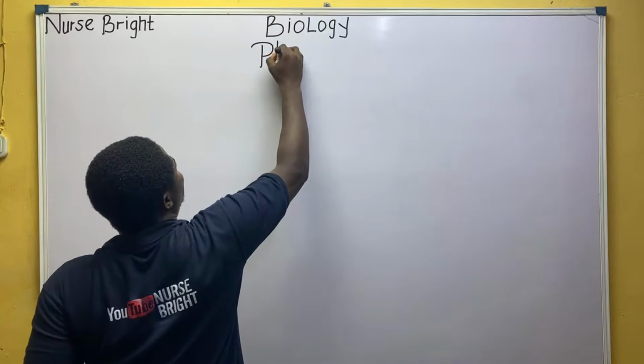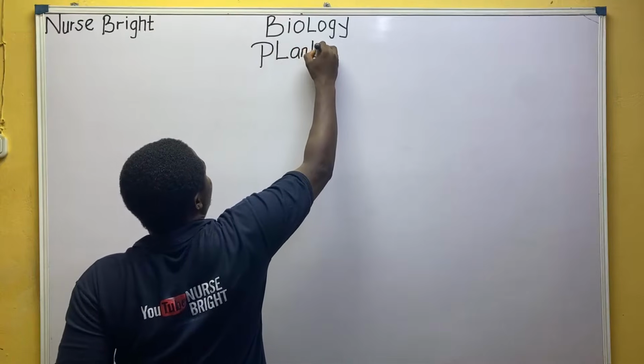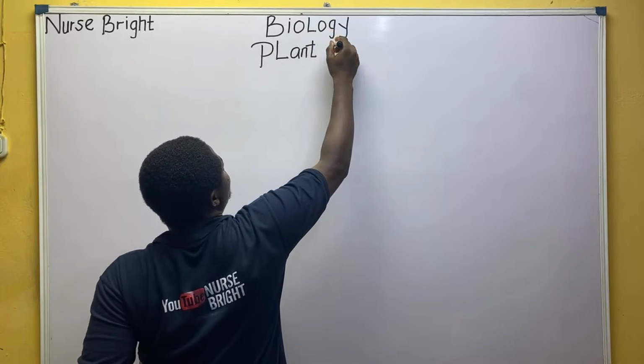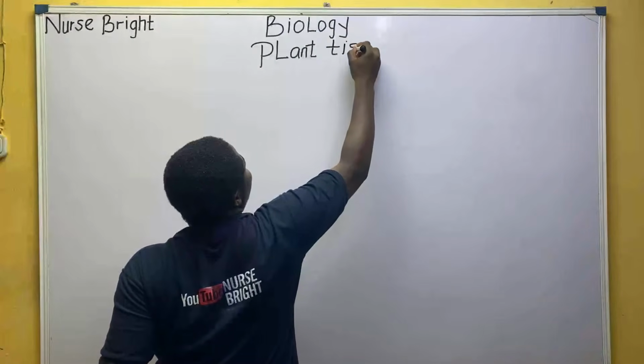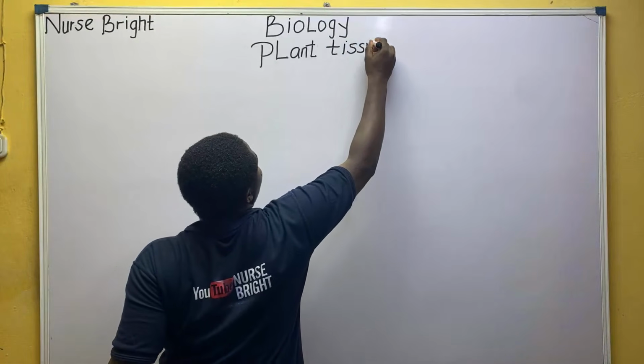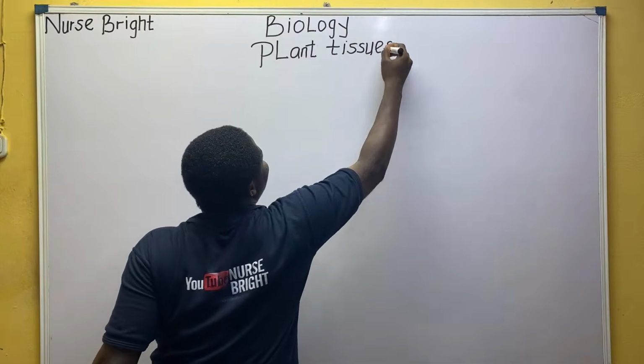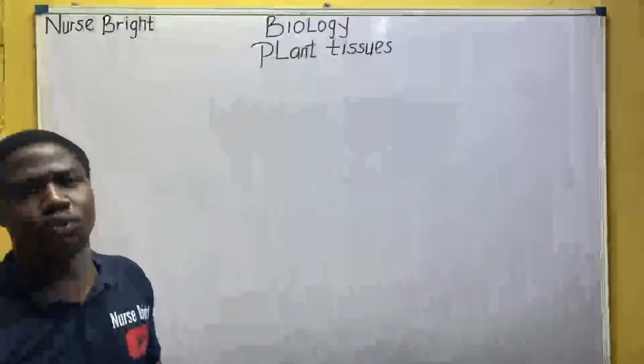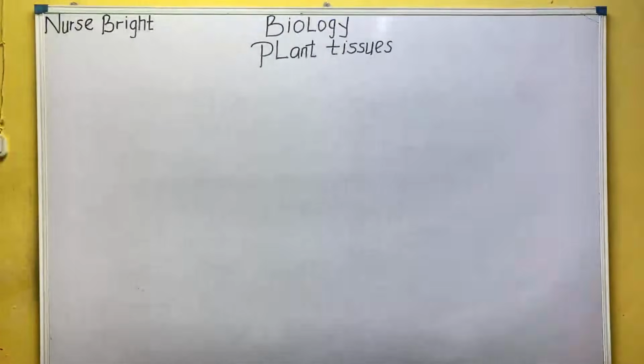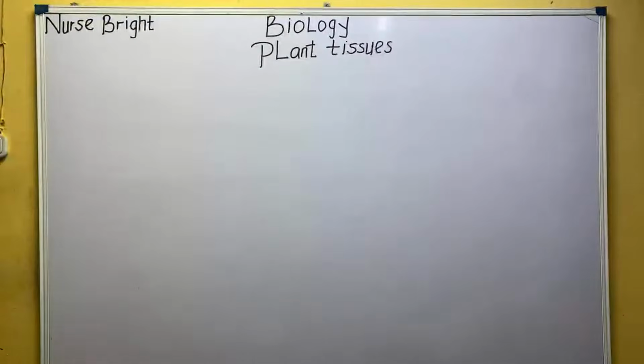We call them plant tissues. Are you there? You know the plants you see around you, they are made up of tissues. So this is what we are going to treat in the course of this class lesson.